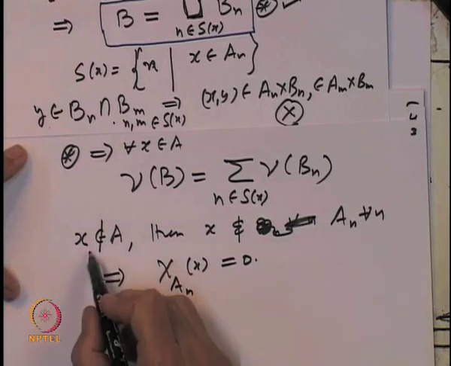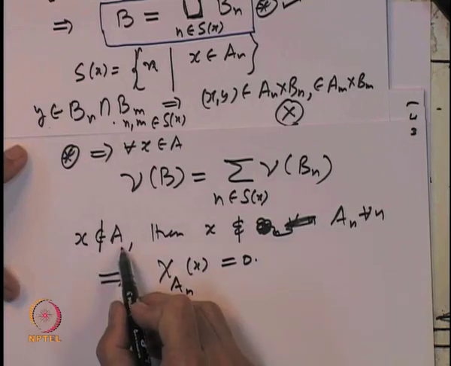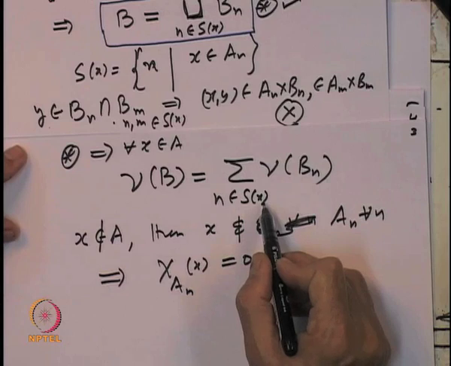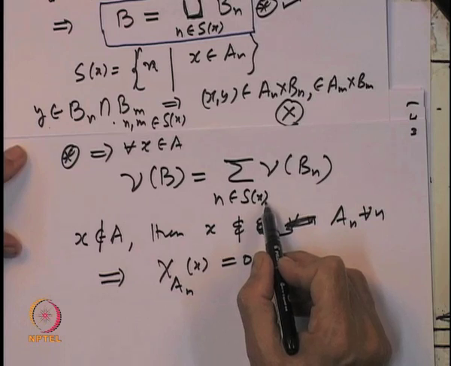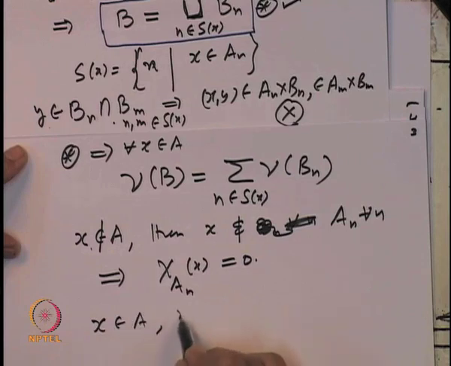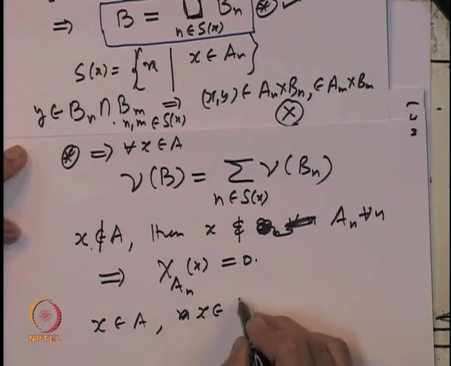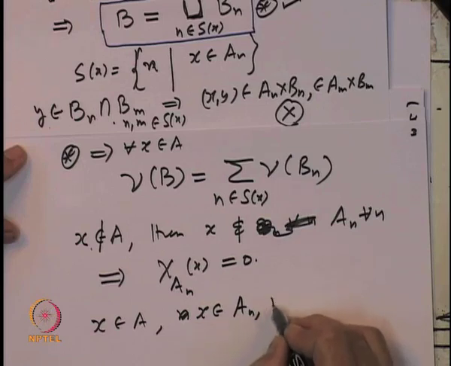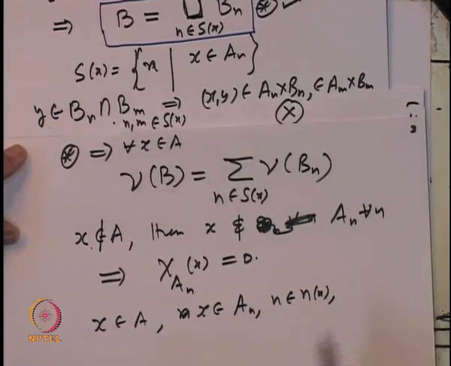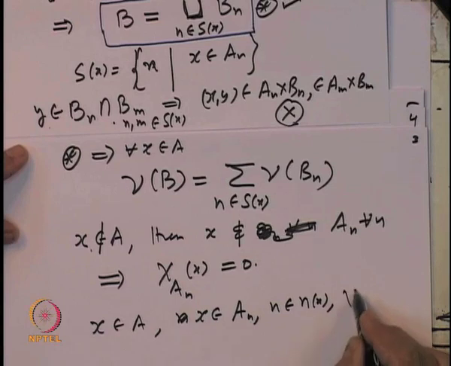If x belongs to A, then it will belong to some of the A n's, and in that case, for those n, it will be equal to 1. That means x will belong to some A n, and this n will belong to n x, and that means we will have chi A of x equal to 1.